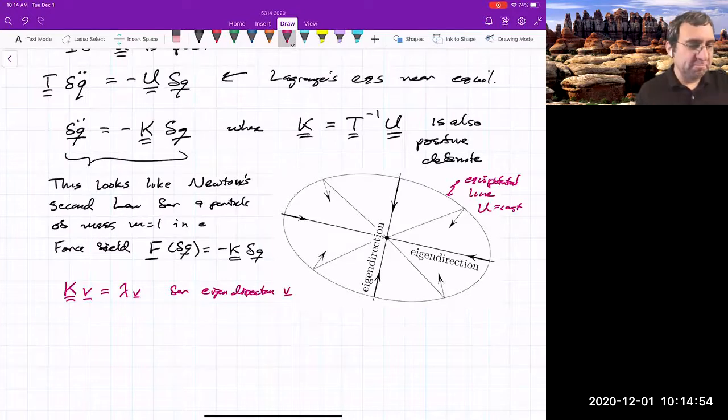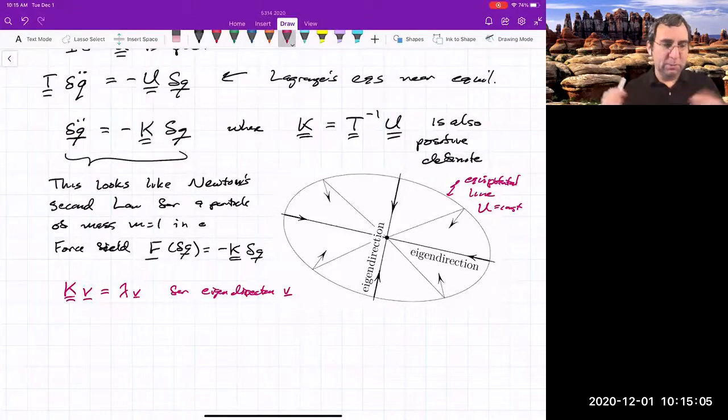And here, these eigenvalues lambda are playing the role of a Hooke's constant. Because along eigendirections, it's like we just have a one-dimensional Hooke's law for a spring system. So it's like we've got a spring mass system embedded along the eigendirections of our problem. And of course, this will give rise to sinusoidal motion.